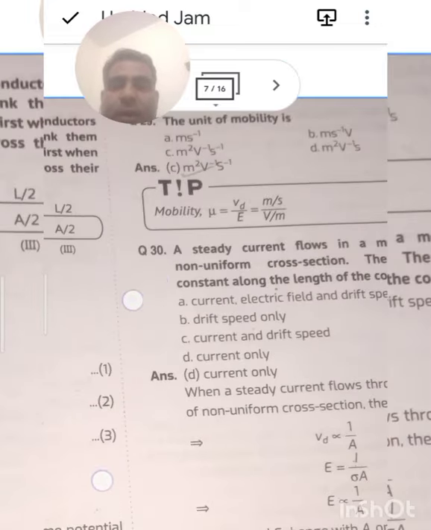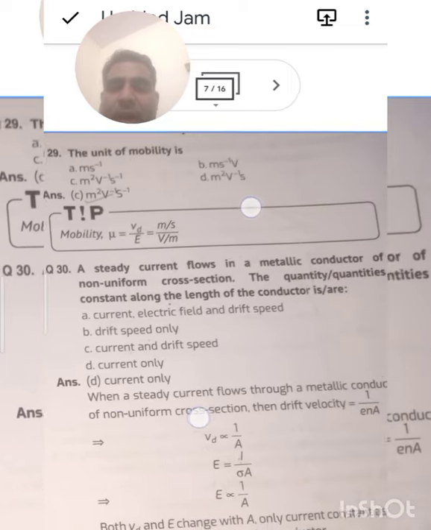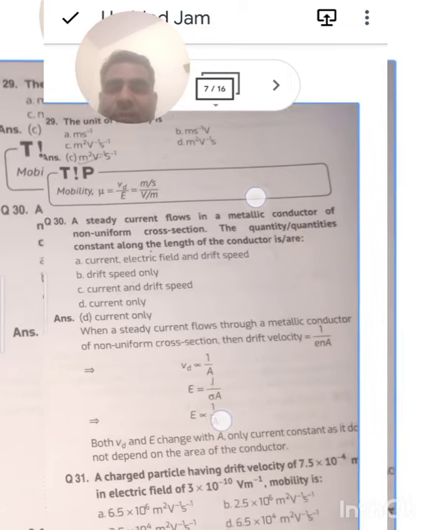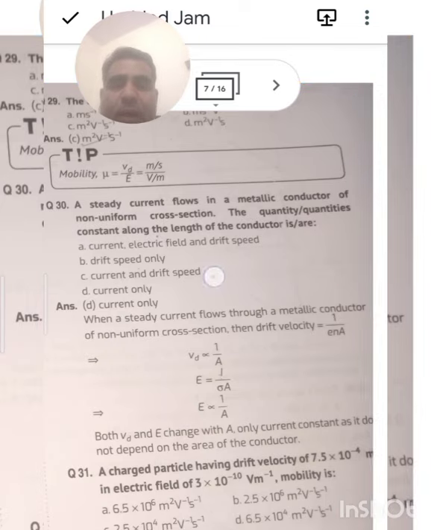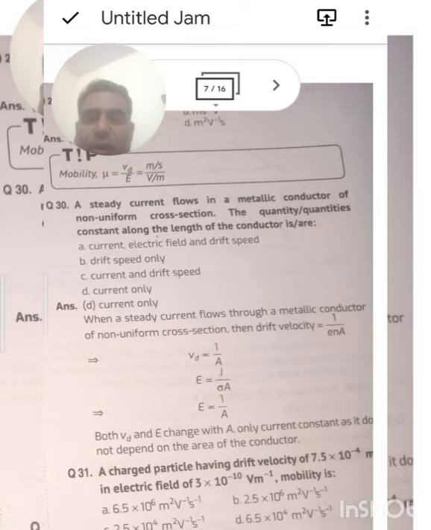After this, the unit of mobility is m square V minus 1 s minus 1. Okay, for a steady current flowing in a metallic conductor of non-uniform cross section, which quantity is constant along the length of the conductor?